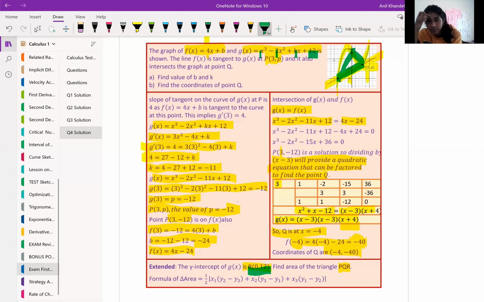You have to find the distance between all three points of this triangle. Let's say the distances are A, B, and C. Then S is A plus B plus C divided by 2, right? And then the formula goes like the square root of S times S minus A, and so on. So make a note, Heron's formula. Have a look at Heron's formula. That is another way of finding the area of this particular triangle.